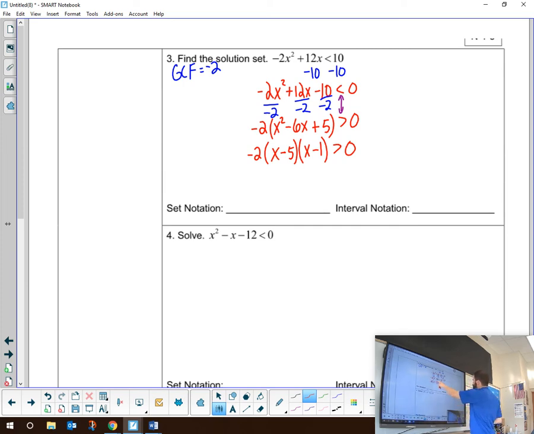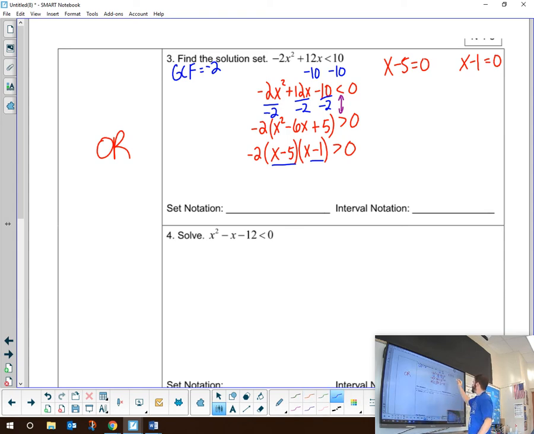We're going to take both of these factors and set them both equal to 0 so I can get my important points. Okay, but now that my sign is flipped, this is probably an OR problem, right? So we're going to probably go out, but we're still going to check. So we take x minus 5 and set that equal to 0, and x minus 1 and set that equal to 0.